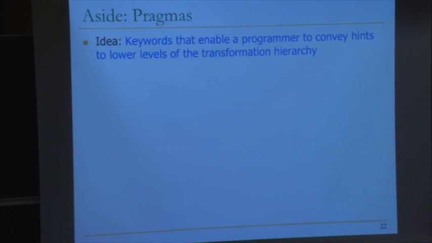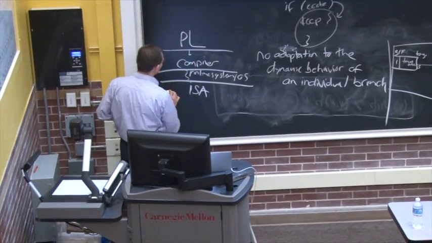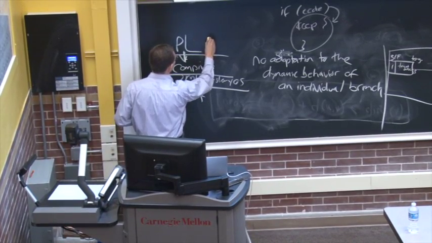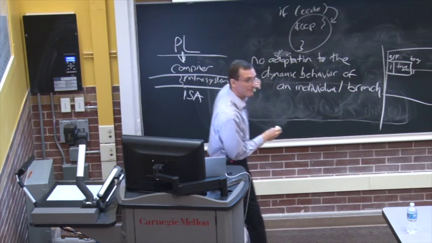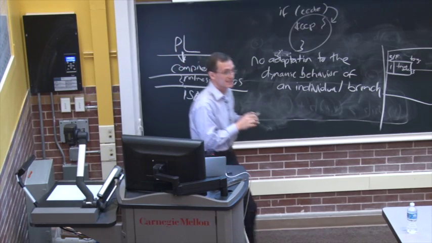Maybe underneath the compiler, I'll have the runtime system/OS, and then you have the ISA, although you have multiple things depending on the dynamic or static. But basically, somehow the programmer needs to convey that a branch is taken or not taken, and you do that using the idea of pragmas. The programming language provides this infrastructure to specify this.